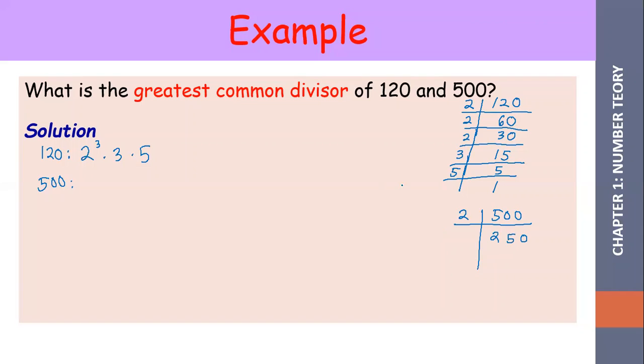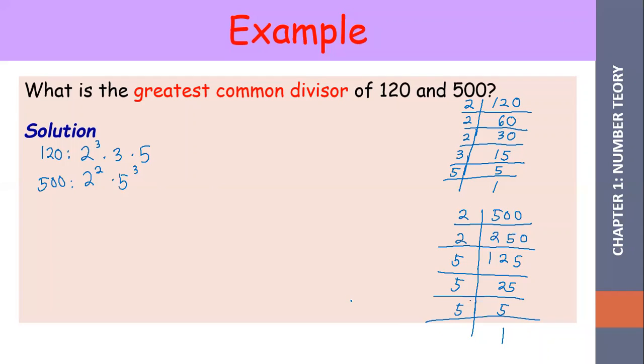Again choose the smallest prime 2 as well, so you got 125. 2 cannot divide 125 because of the 5, so 5 here. You got 25. 25 divided by 5, got 5. So 5 here, and then you got 1. So here you have 2 squared and also 5 cubed.